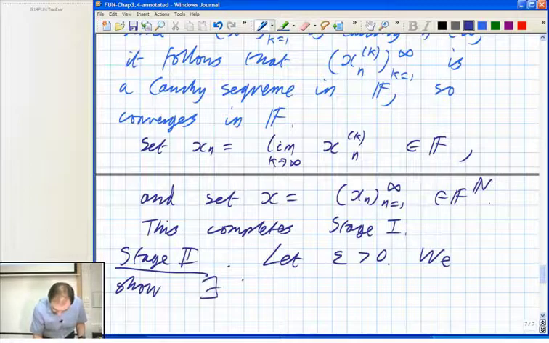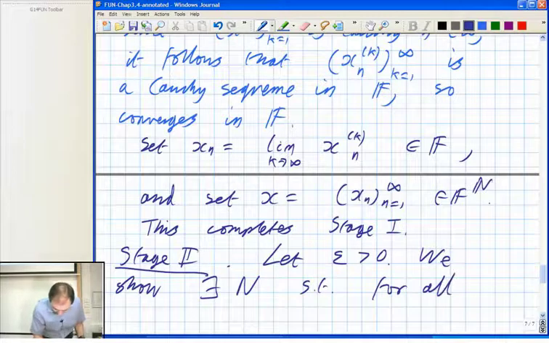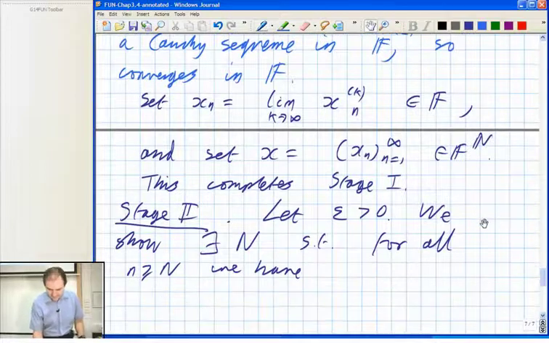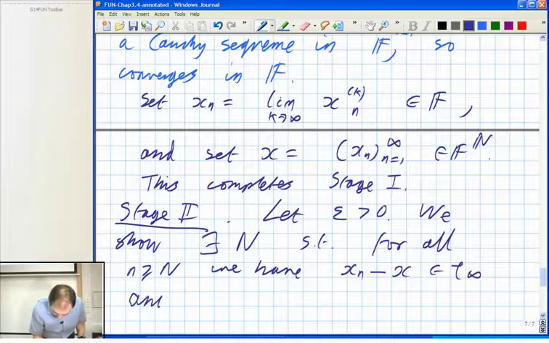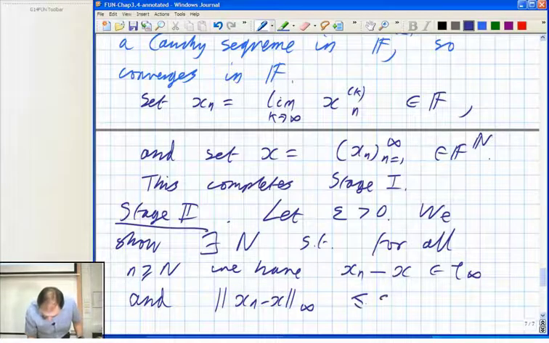that there exists a capital number N such that for all n greater or equal to capital N, we have, I'll use less than or equal to just to save myself some trouble, that xn minus x is in L infinity and norm xn minus x infinity is smaller or equal to epsilon.